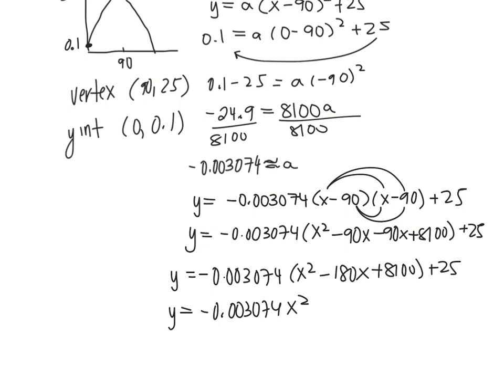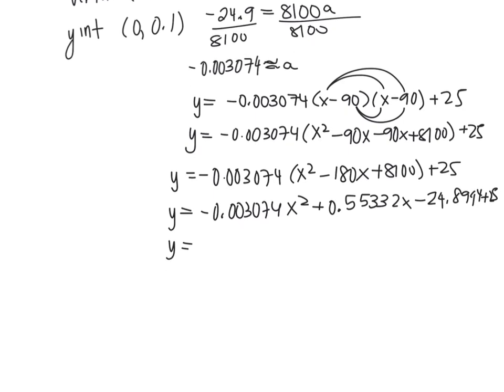And then here, be careful, negative times negative is positive. And then when we do the multiplication, you get 0.55332x. And then negative 24.8994 plus the 25.